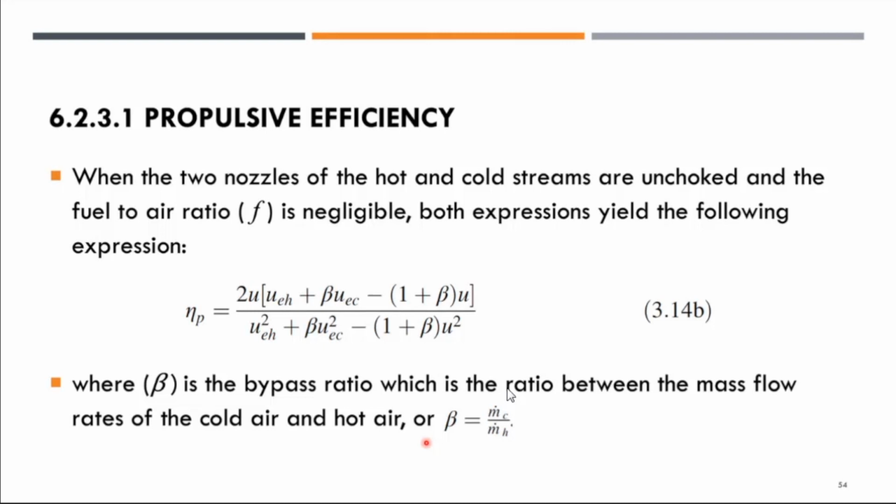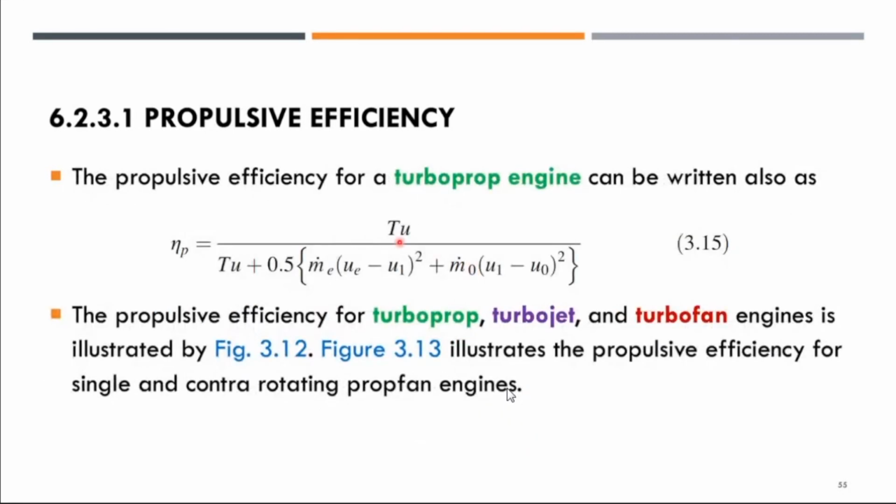Some engines have 80% of the air going to the bypass, the cold flow, and the hot flow only 20%, and some have even different ratios. Next we move into turboprop engine propulsive efficiency, which can be written as expression 3.15.